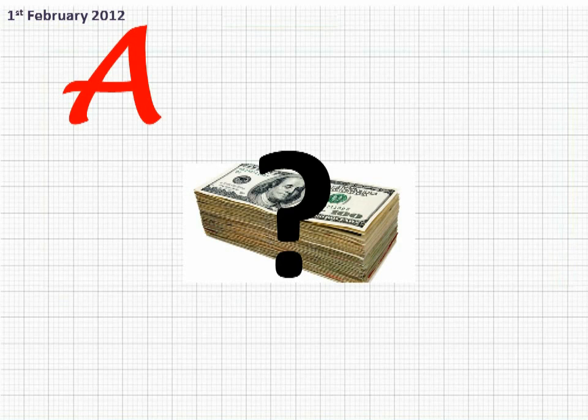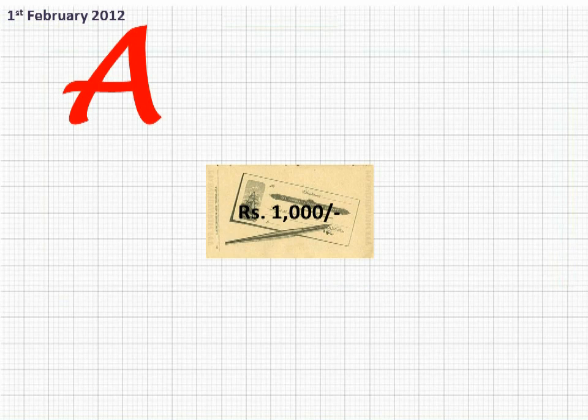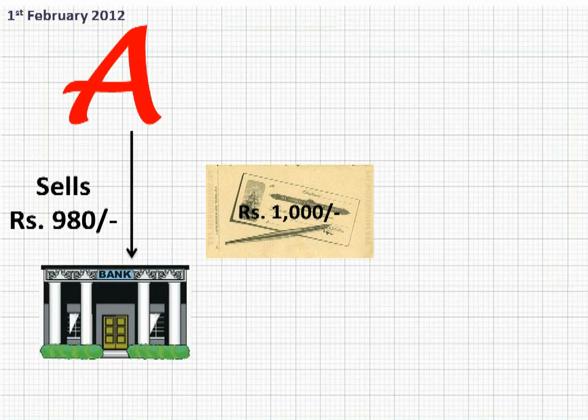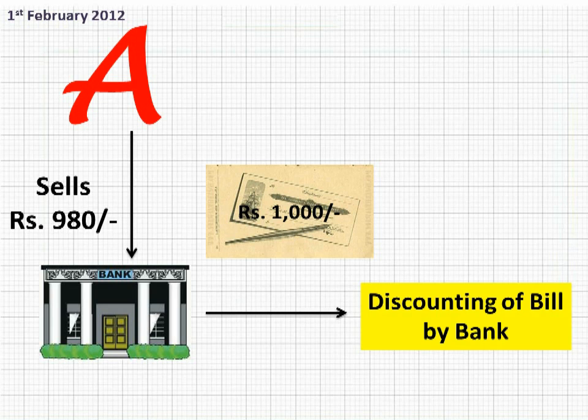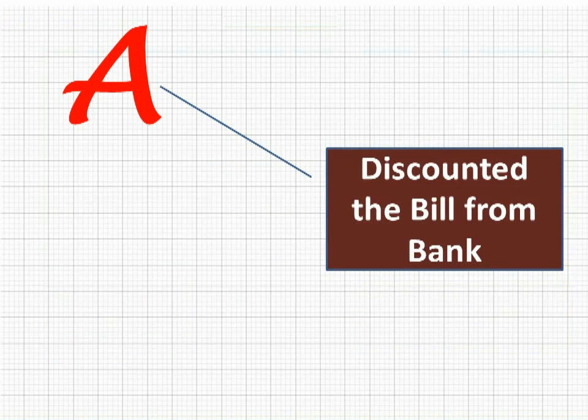He doesn't have money in his pocket, but he has got only the bill of ₹1,000, and he goes to his bank and sells the bill to the bank for 980 rupees. This thing is possible because banks are providing this type of facility, and this activity is called discounting of bill. It means A has discounted the bill with the bank.